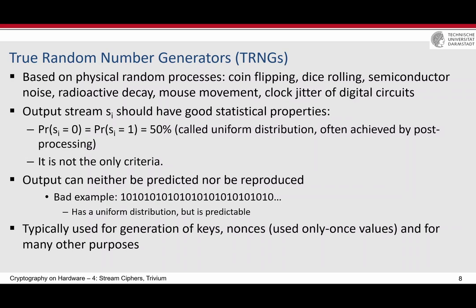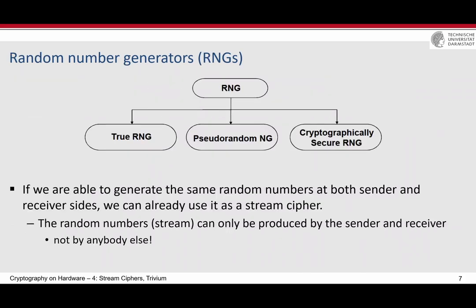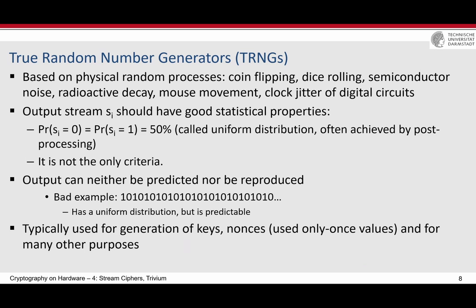Now, you may say, okay, if we have TRNGs and they are good, why do we actually need other random number generators like the PRNG? The TRNGs are good if they are good, but they are slow. The speed at which a TRNG can generate a random stream is much lower compared to a PRNG.